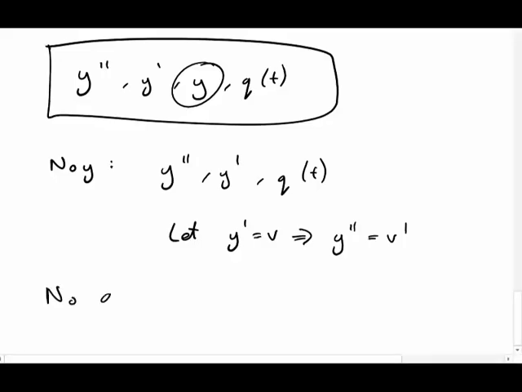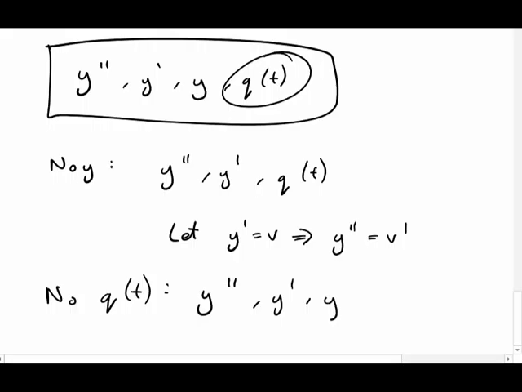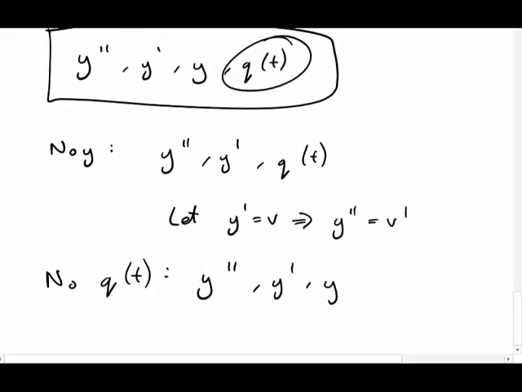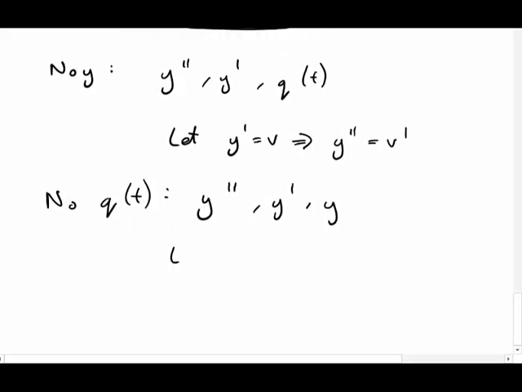Then if we had the case when there was no function of the independent variable, then what we were left with was the second derivative, first derivative, and just some function involving y. It's usually the case when it's non-linear. Then all we did is let y dash equal v.